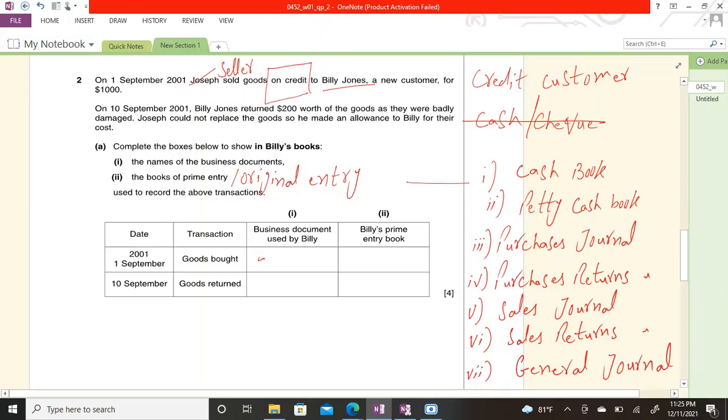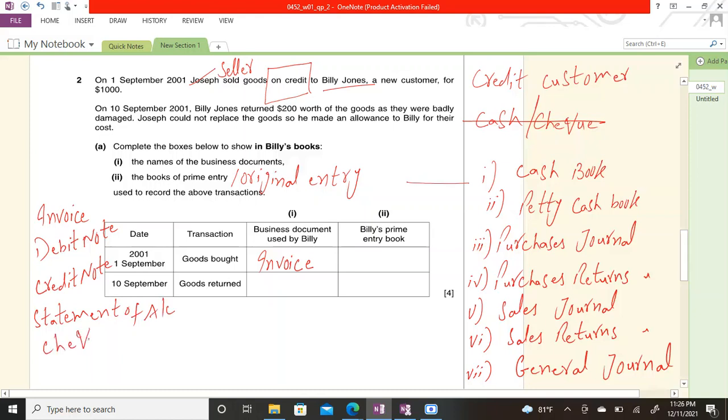So I'm writing here on this side: invoice, debit note, a credit note, statement of account, check and a receipt.